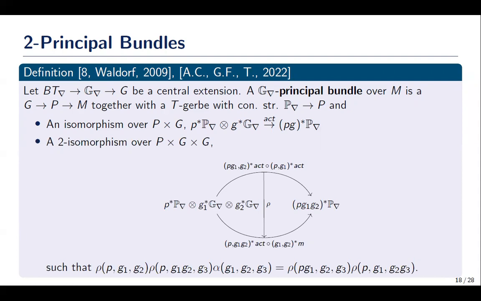You have this Chern over P times T times C, and you have this one. And you can do the 2 things that I just said, and you require them to be isomorphic, with a 2-isomorphism satisfying a certain cocycle condition would be the natural one. So this is quite natural, and in particular tells me that if I have a connective central extension, then it's a principal bundle over a point, as I said before, which is the kind of thing you would like to have.